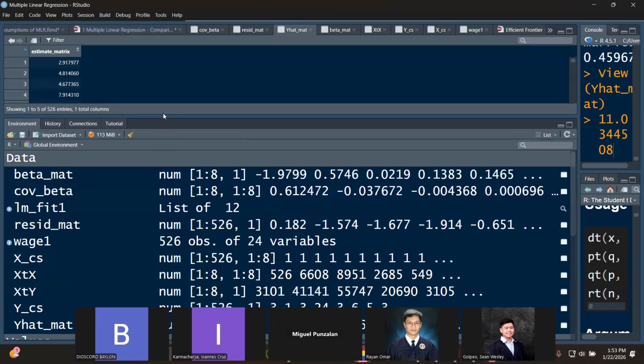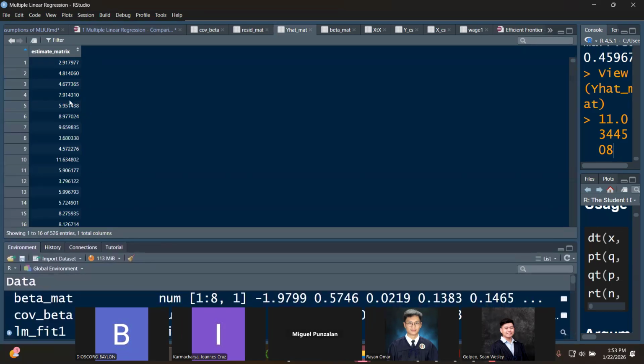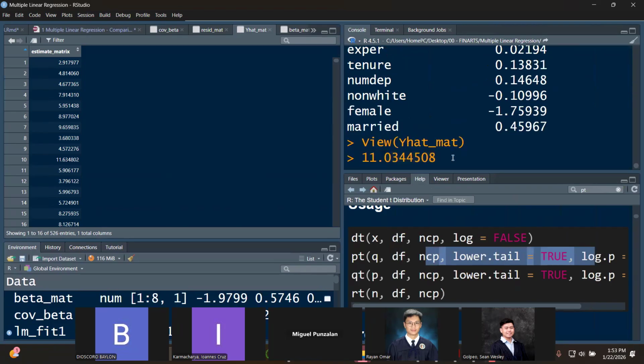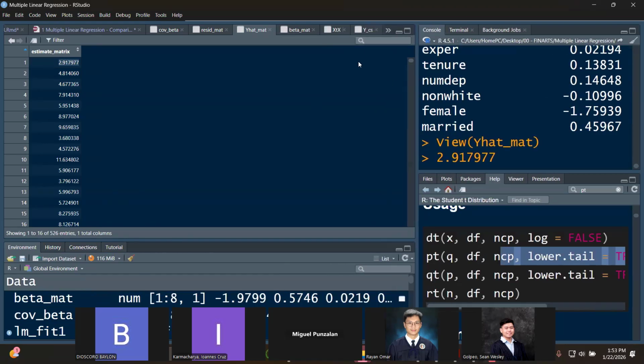There you go. That's my y hat matrix. Let me just copy the first one. Control C, Control V. So this was the predicted value.